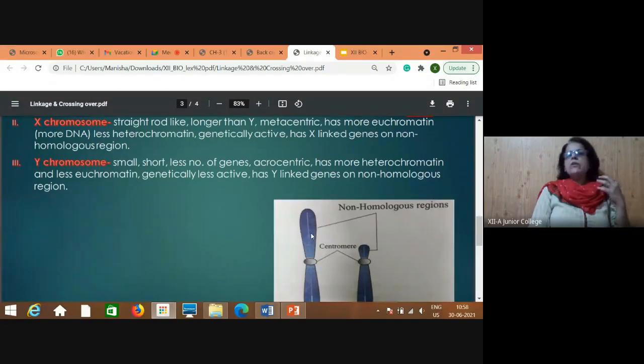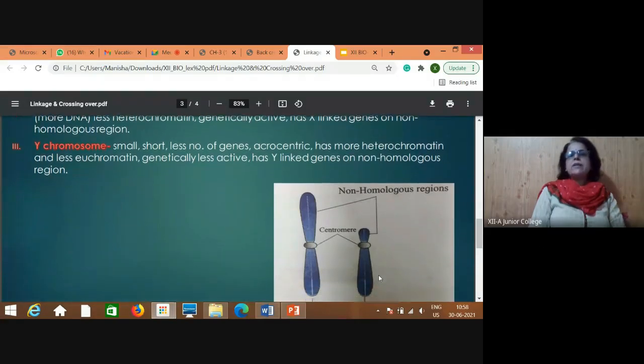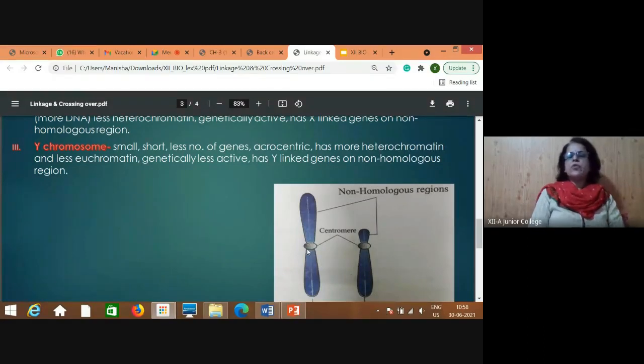Euchromatin means the active form, genetically more active, which is present more in X and less in Y. Whereas metacentric means the centromere is exactly in the center of the chromosome.